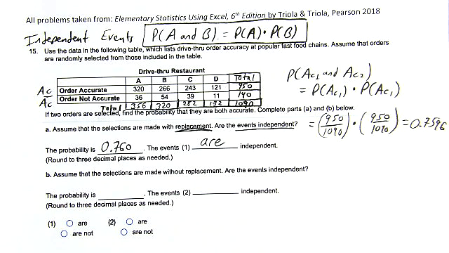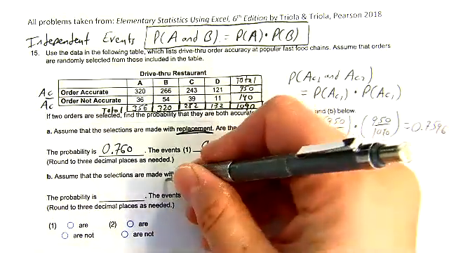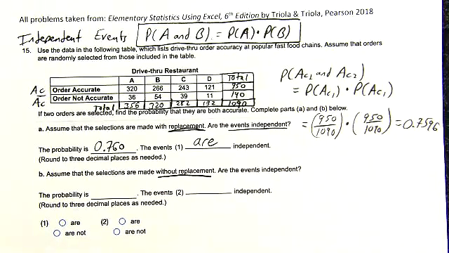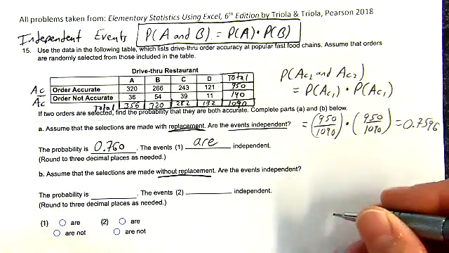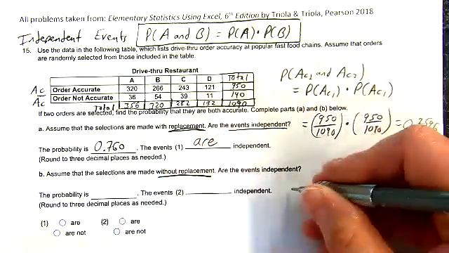Okay, now for the second part it says without replacement. So in this one, that's the case where I read the paper, see what it says, and I set it down on the table. I don't put it back in the hat. So what you get is, for without replacement, the probability looks like this.